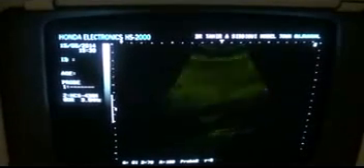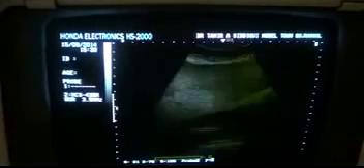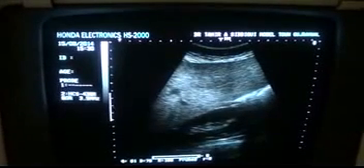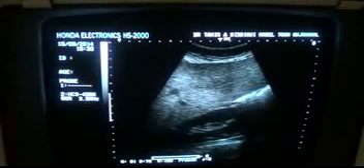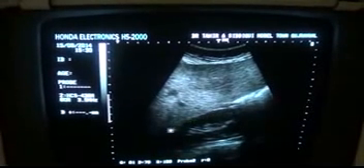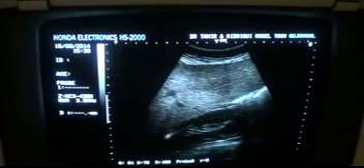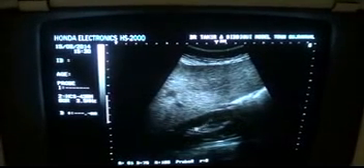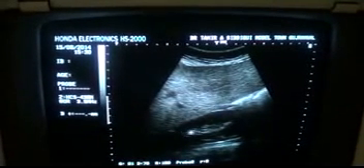Now, in this patient, what you are seeing is that the kidney parenchyma is appearing so black, total parenchyma is appearing so black, and this is the central sinus echocomplex.